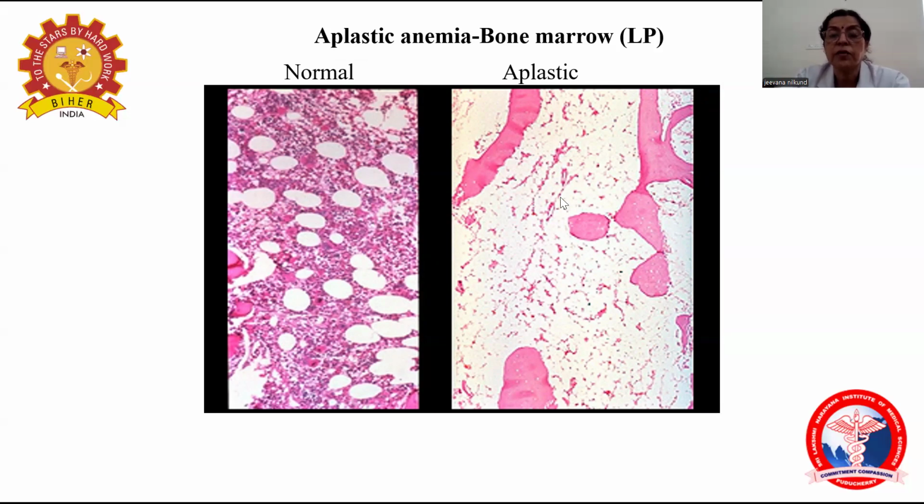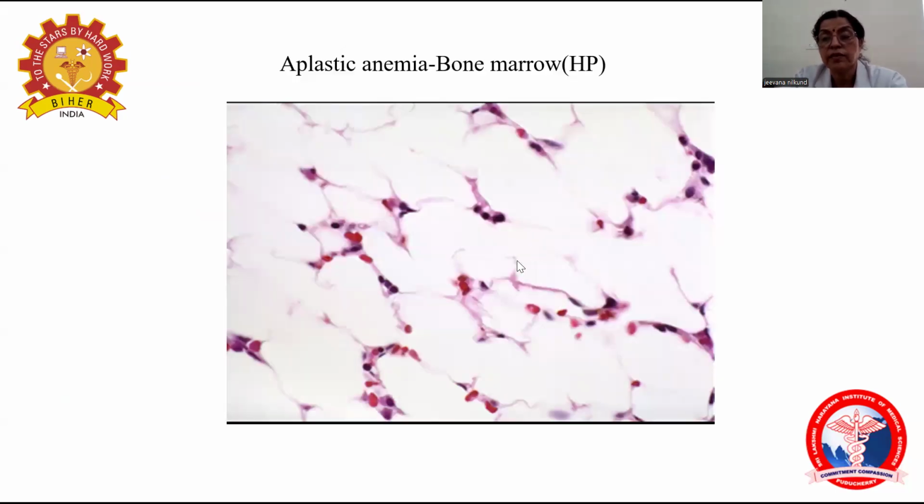Whereas in case of aplastic anemia, we see that there are more fat spaces and hardly any cellular elements. So these are the bony trabeculae, and these empty spaces are all fat cells, and the smaller things that are seen are the hematopoietic cells.